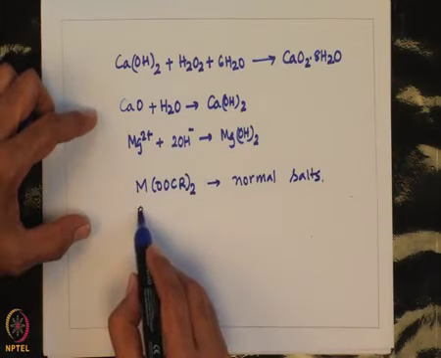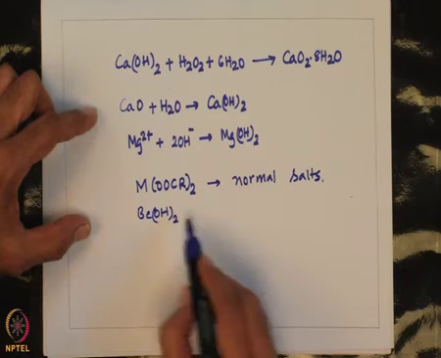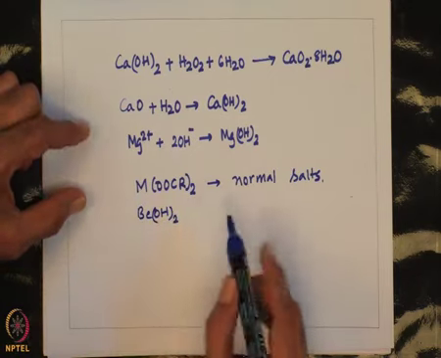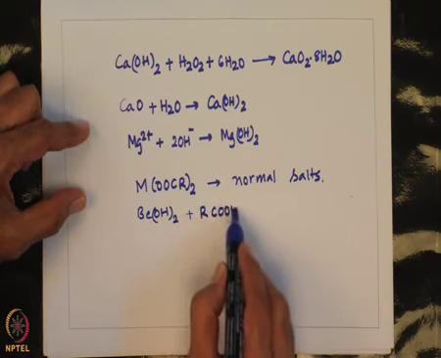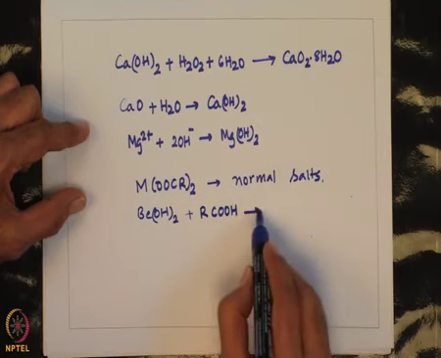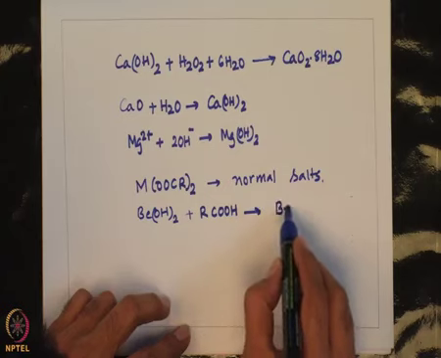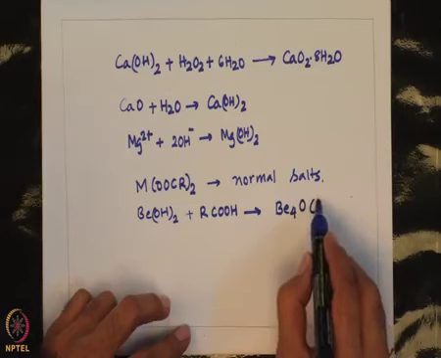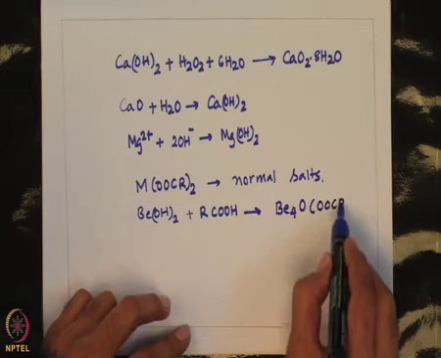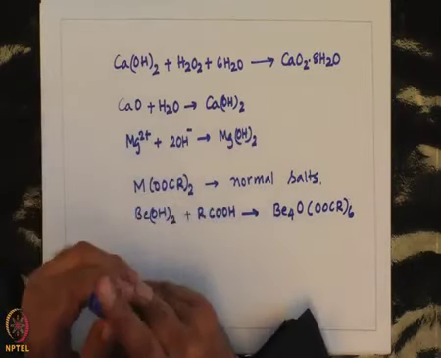However, beryllium hydroxide reacts with carboxylates to give basic carboxylates. So, basic carboxylates have the formula Be4O(O2CR)6, 6 carboxylate groups are there. That means there is a difference in the reactivity with carboxylates.